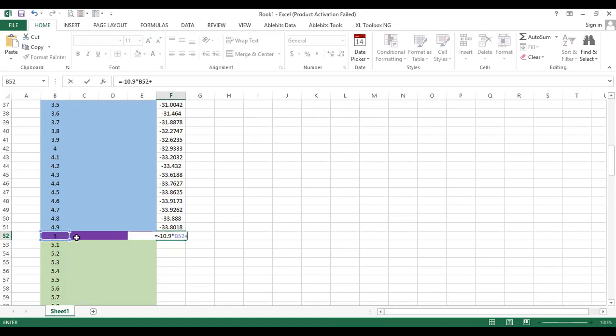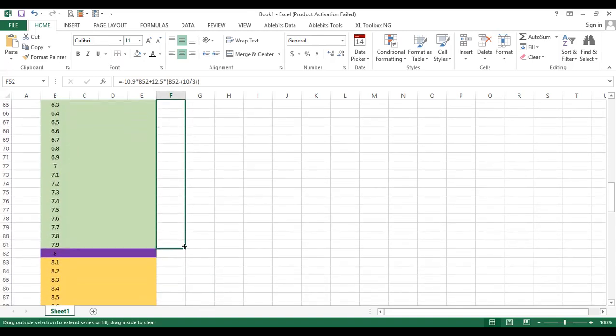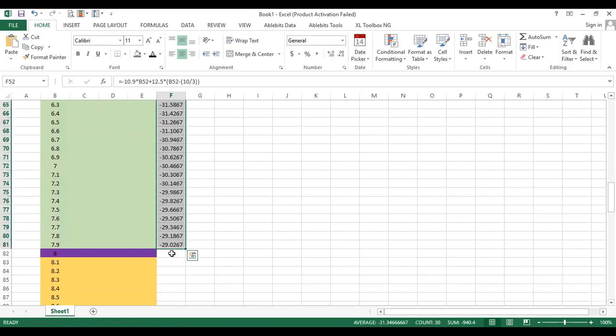So that's going to be the same answer, right? Because the bending moment is a continuous graph, right? Am I right? Yes, I can continue until 8, right? If you want, you can do it here.